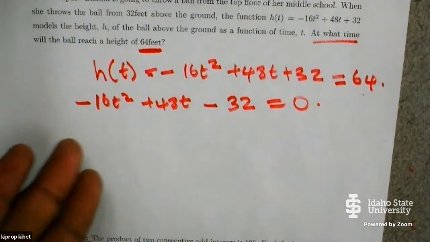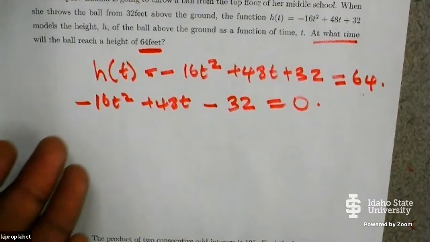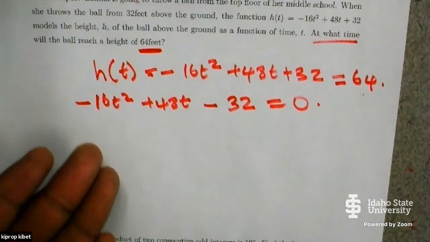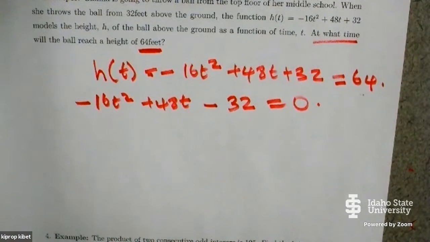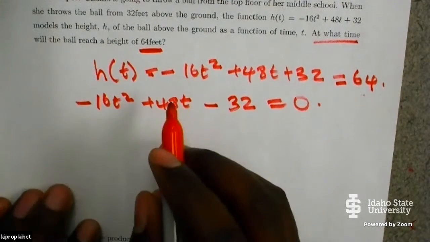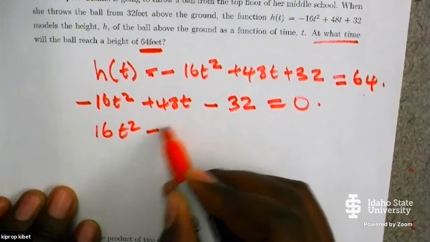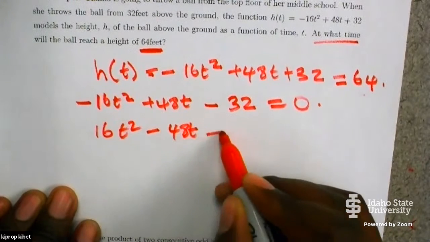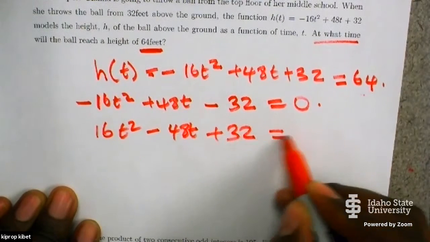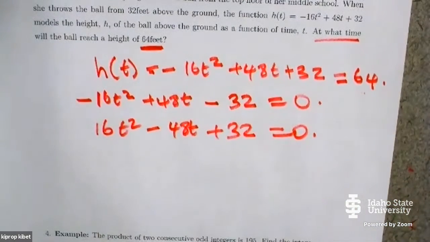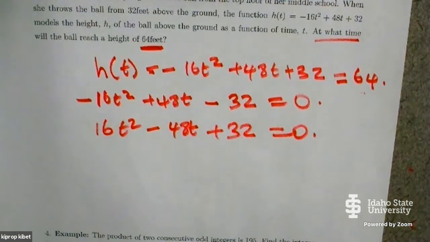You can make the coefficient of 16t squared positive by multiplying by negative. So it will be 16t squared minus 48t plus 32 equals 0.